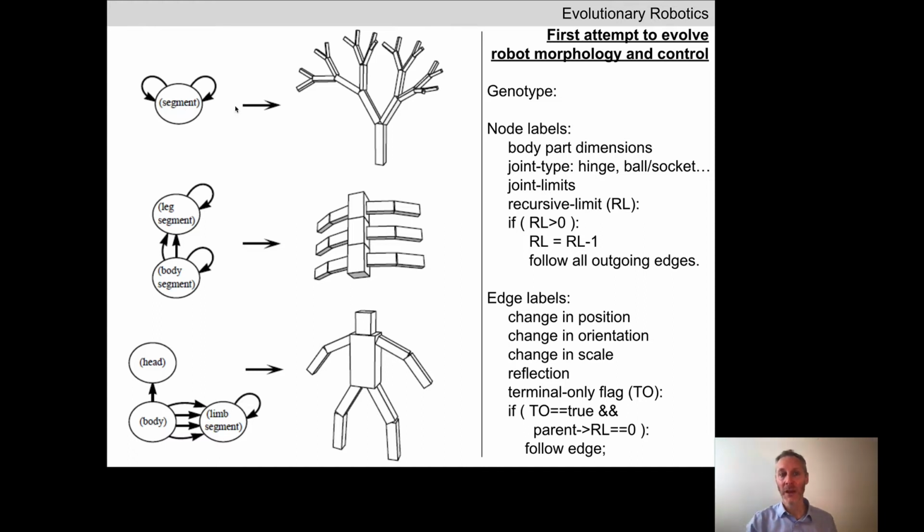Actually, let's stick with the tree example here. If we've placed this tree here and we travel along this edge, that edge alters X, Y, and Z in this way, takes us to this new X, Y, and Z where we're going to place this piece. It's changed the orientation of this branch. So this branch has a different yaw, pitch, and roll, a different orientation from this one.